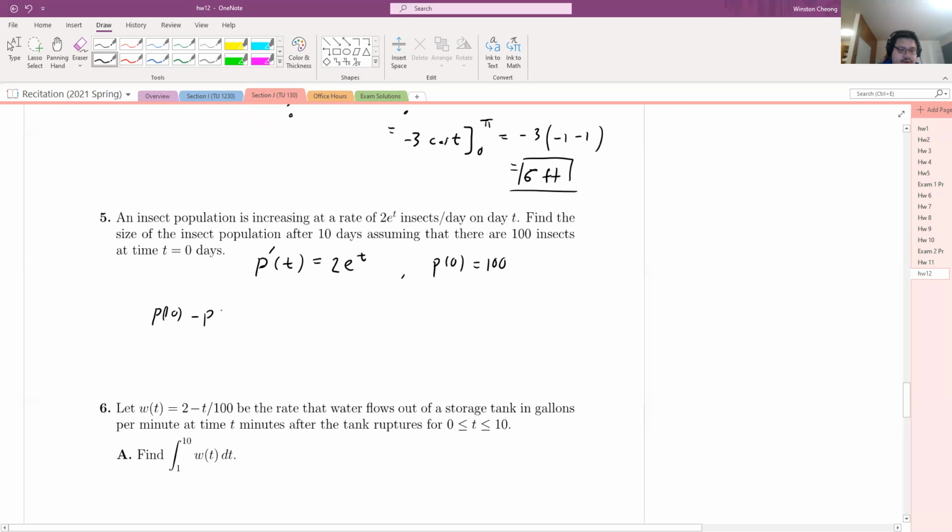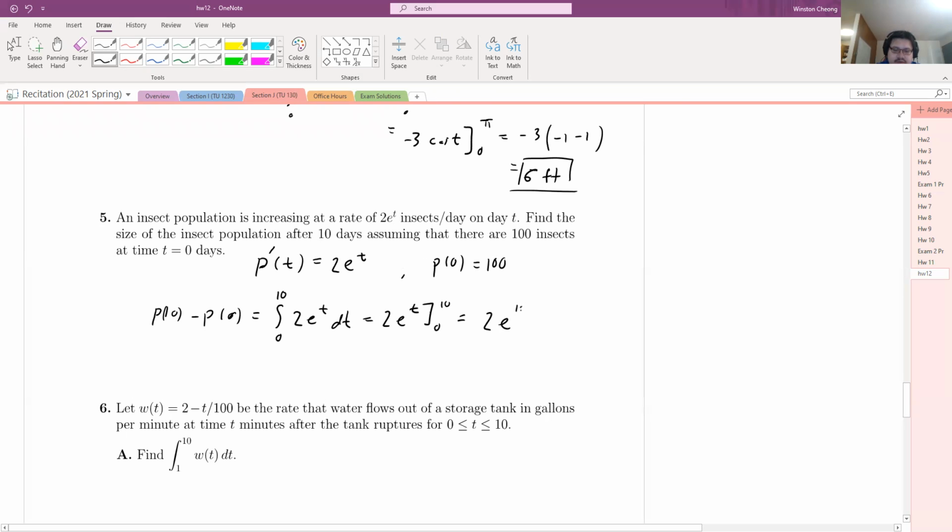And we know what p of 0 is. So again, it's the same procedure, FTC part 2. This difference is calculated from an integral from 0 to 10 of the p prime function, which we then integrate. Integrating this is pretty straightforward, from 0 to 10.